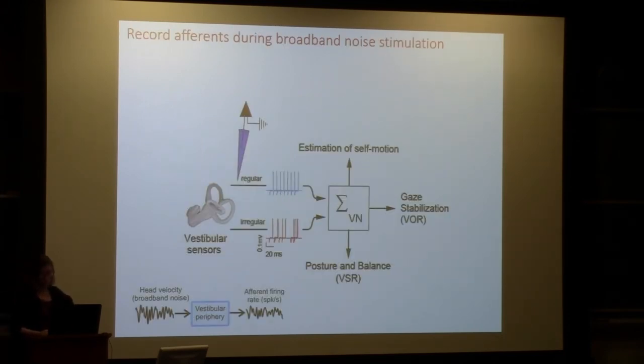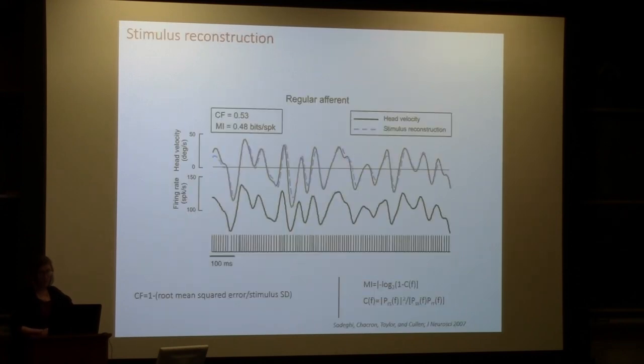And what you can do is basically do a stimulus reconstruction where you determine the optimal linear filter that you can convolve with this spike train to reproduce a stimulus. So maybe something even better than our basic Gaussian convolution. And you can actually do a really good prediction of the stimulus based on the spike train, right? So for this neuron, the coding fraction was 0.53.